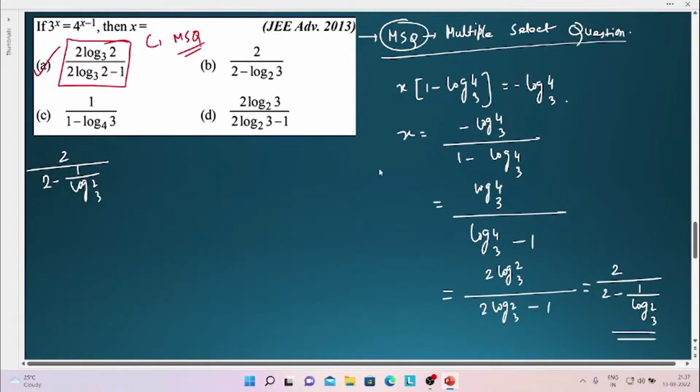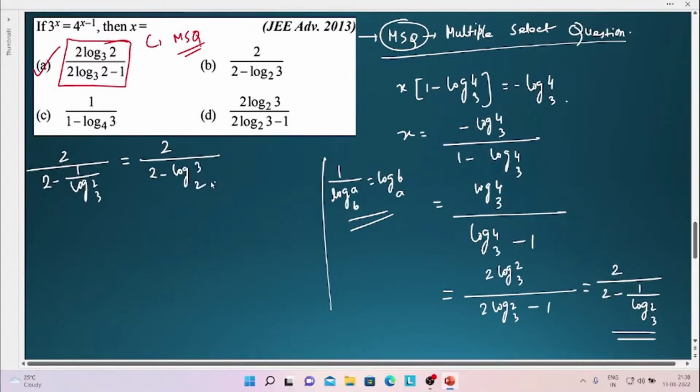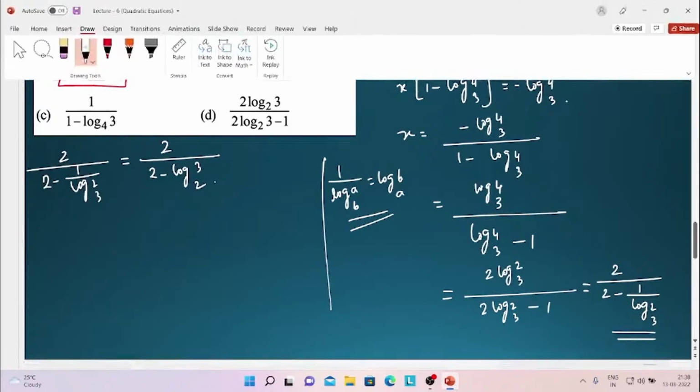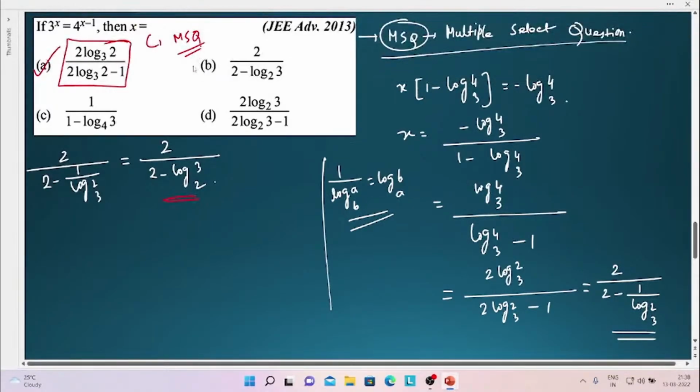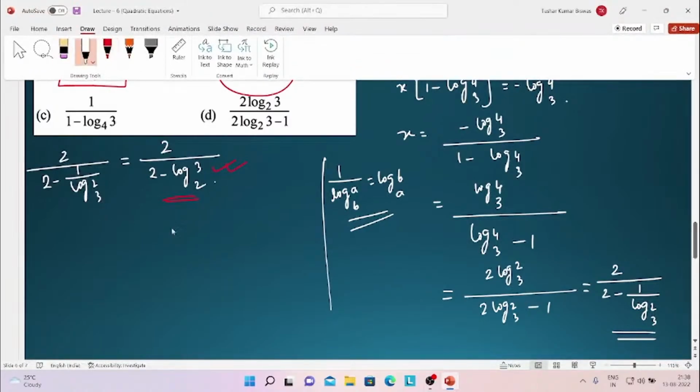We know another logarithmic relation: 1 by log a base b can be written as log b base a. So that can be written as 2 upon 2 minus log 3 base 2, right? So option B is also a correct option, because it is the same as this. Let me check again whether any other option is correct.